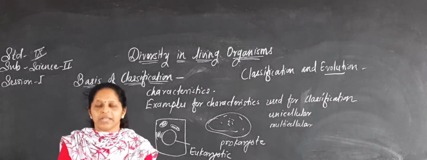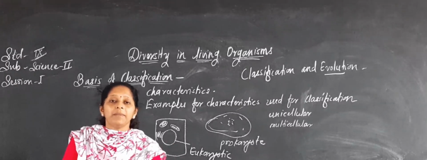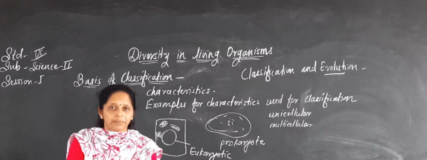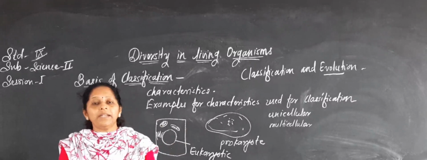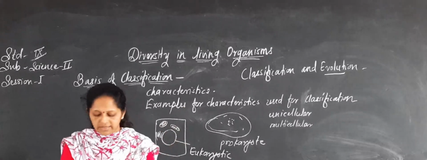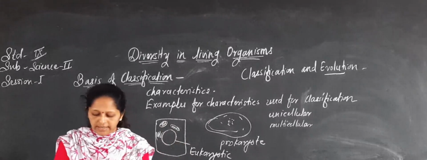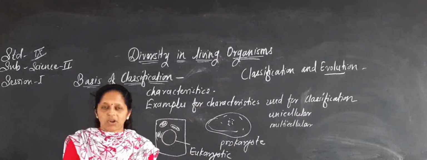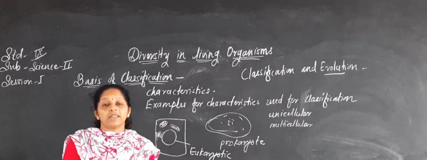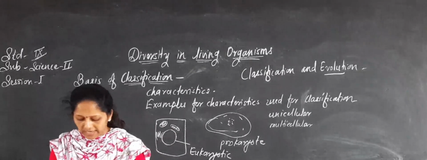Primitive organisms like bacteria and amoeba came on the earth first, so they are called primitive or lower organisms. The second group is called the advanced group of organisms, or higher organisms.